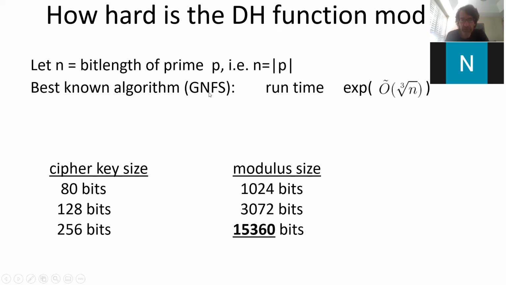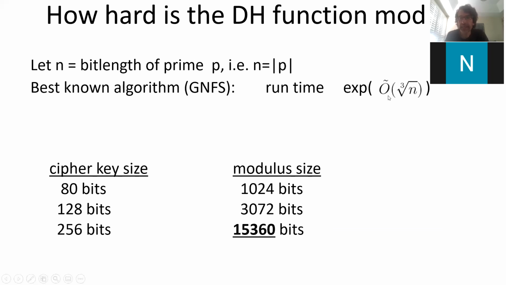And so we have this general number field sieve algorithm, the best known for computing discrete logs in modular residues, right? So to compute the discrete logarithm, base g, of a group element, any other residue mod p, and the discrete logarithm is mod p.